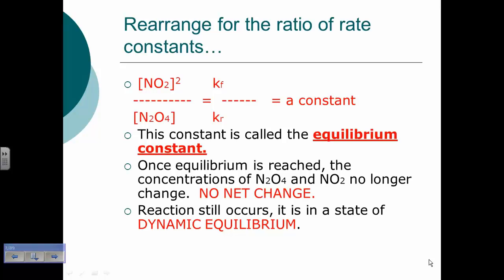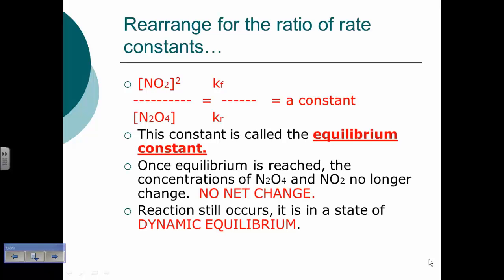This is the very definition of an equilibrium constant. We're going to just simplify to K, Kf over Kr. The rate law constant for the forward reaction over the rate law constant for the reverse reaction, Kf over Kr, defines the term equilibrium constant.